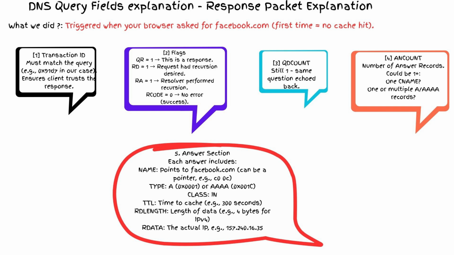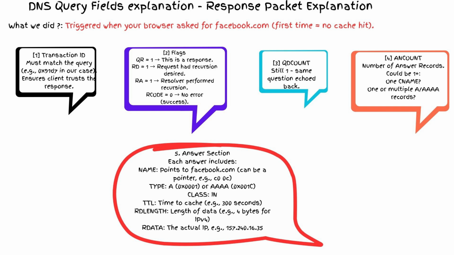The question section is usually repeated from the original query, which confirms what was being asked. But the star of the show in a successful response is the answer section. Here you find the actual resource records providing the answer to your specific query.